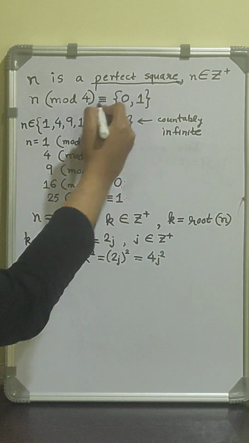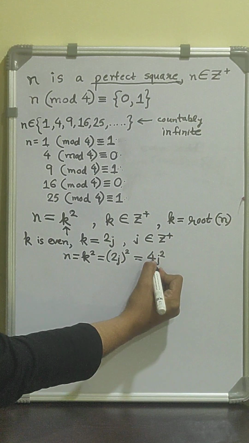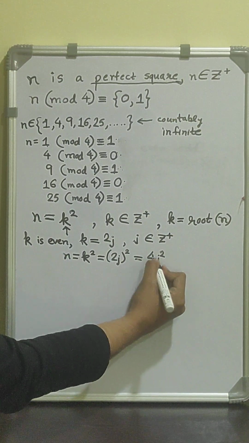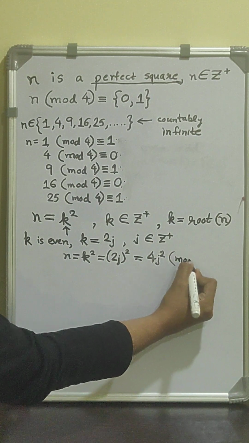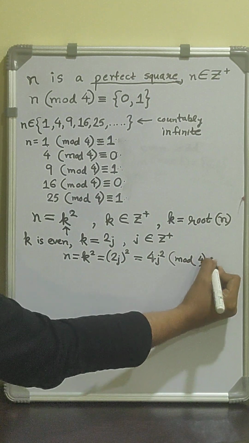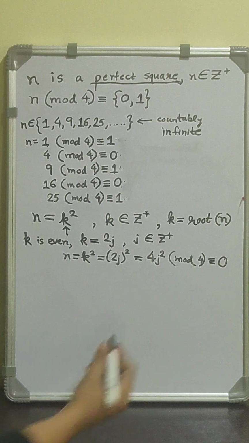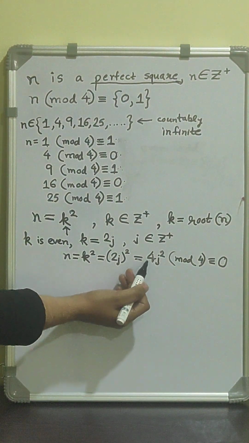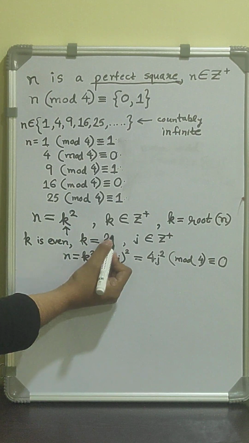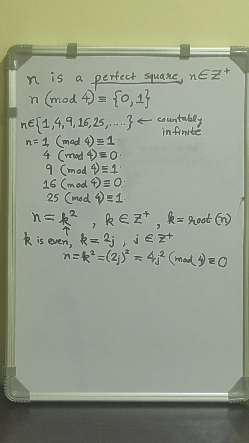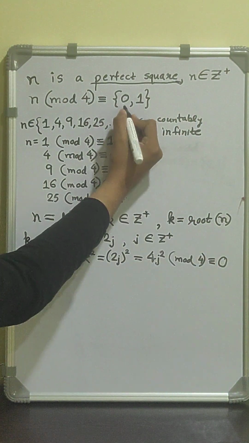because we were proving something with respect to 4, so we get 4 here, and that means that this mod of 4 will always be congruent to 0, because 4 is directly a factor of this n if k is even, and so on. So now we are done and we have one element of it proved here.